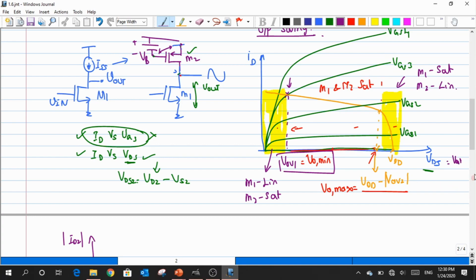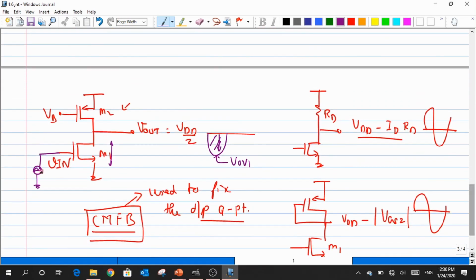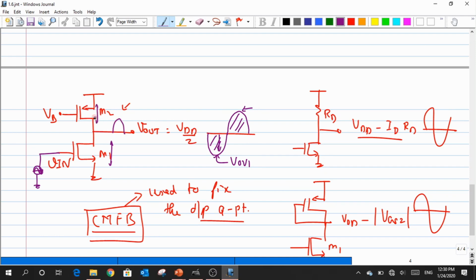Similarly, what happens when I have a negative swing across my input such that it creates a positive swing at the output? How far can it go up? When I try to have a swing, I'm trying to reduce the value of VDS2. How far can VDS2 be reduced for the M2 transistor? What is the minimum voltage of VDS2 I can have such that I am still in the saturation regime? It is equal to VOV.